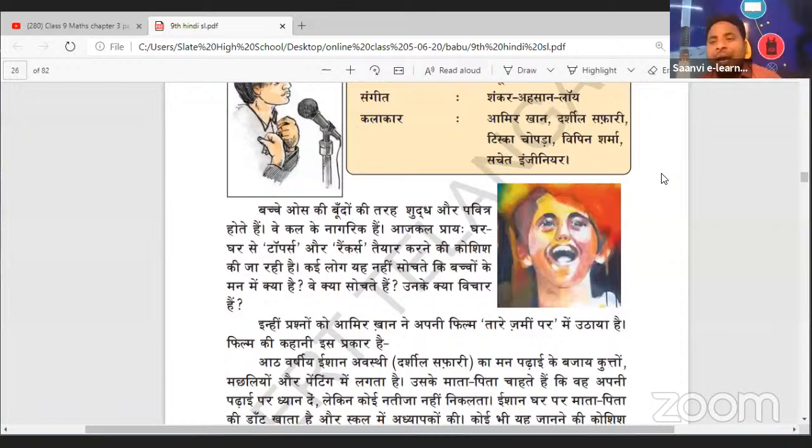Okay, then listen. Praya means nothing but generally. Sadharananga. Okay, साधारण रूप से, generally. What you are saying nowadays, it is common. Generally, each and every parent is motivating their children to become like a first ranker, second ranker. But parents are not thinking what is there in my child's heart inside.